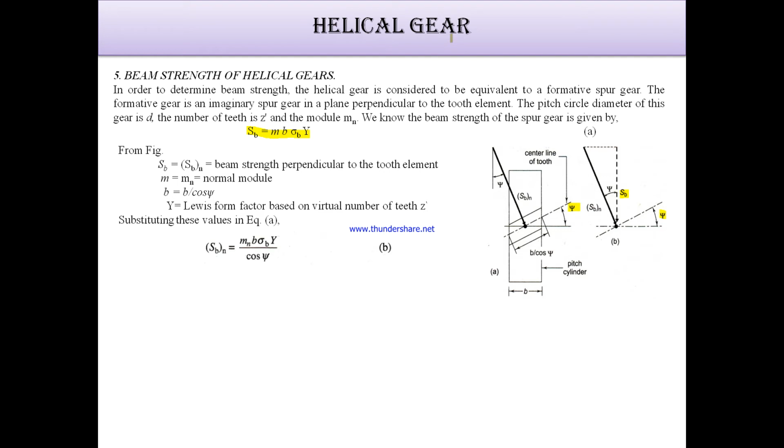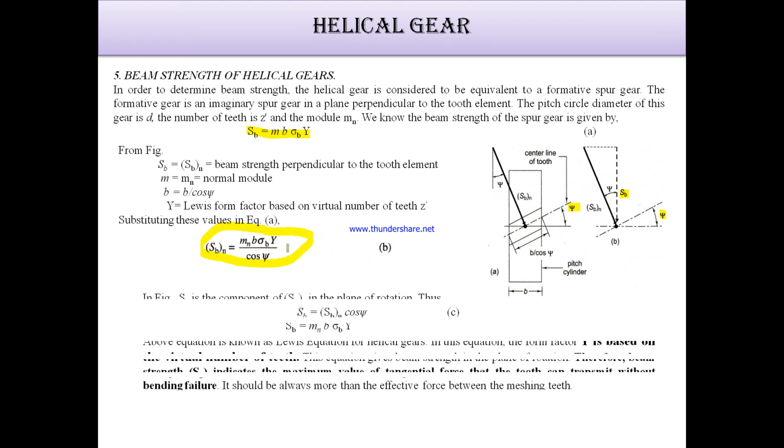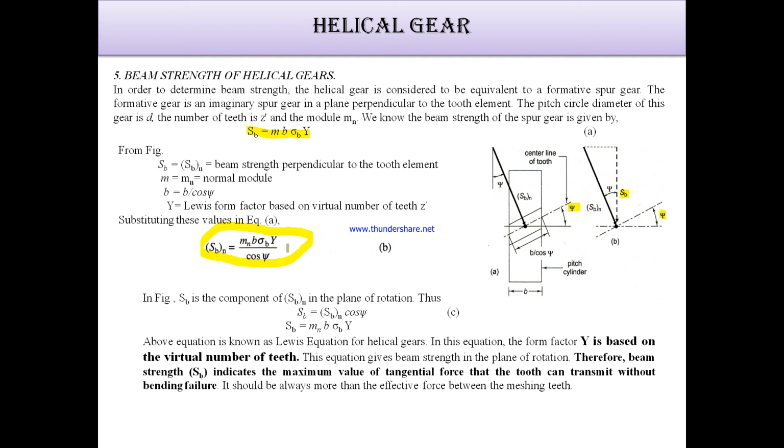So the equation is SbN is equal to mn b sigma b Y cos of psi. Sb is equal to SbN into cos of psi, so the cos of psi will get cancelled, and this is the beam strength for helical gear.